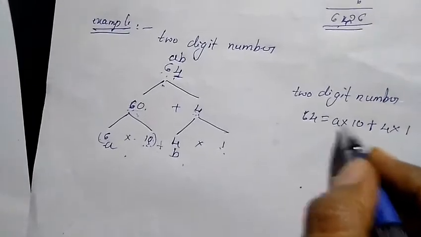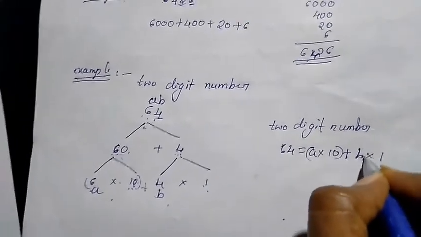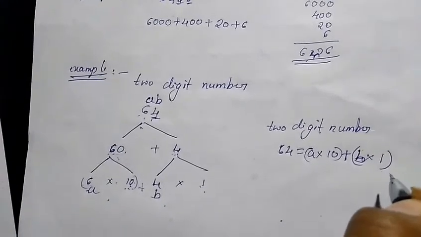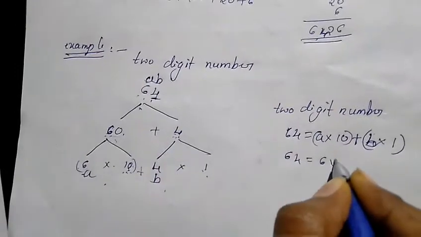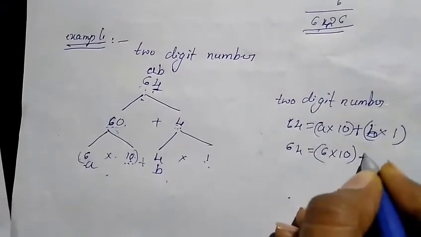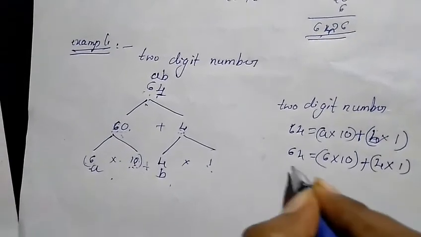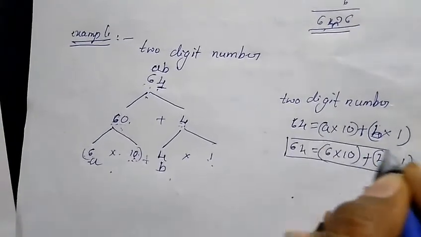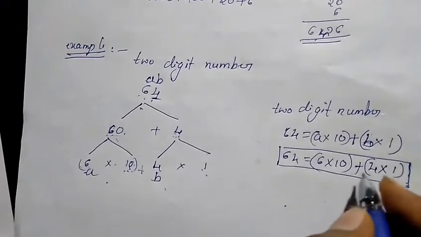So 64 equals, in place of A, 6 into 10, plus in place of B, 4 into 1. This is how to split or generalize the form of a 2-digit number.